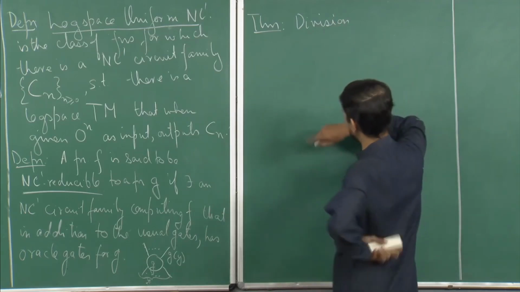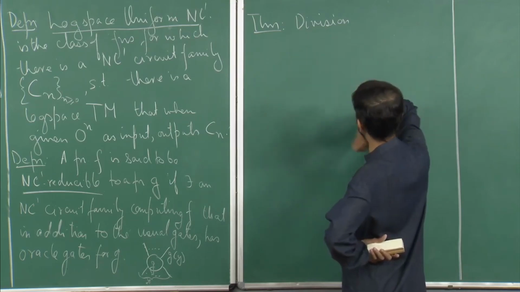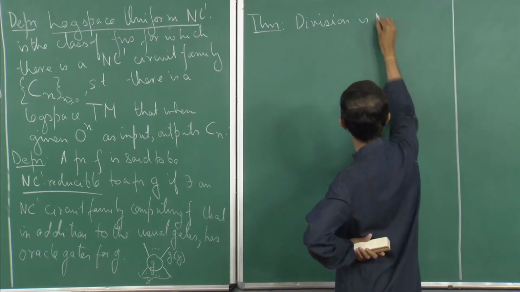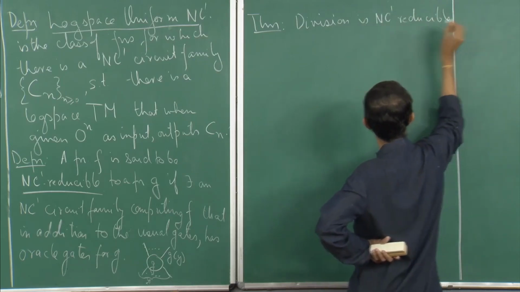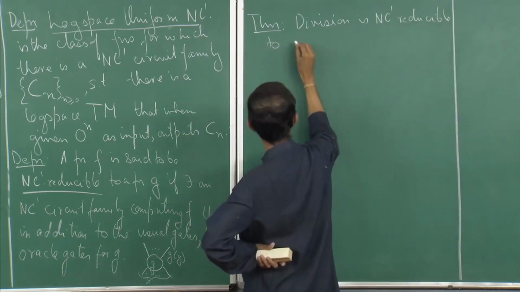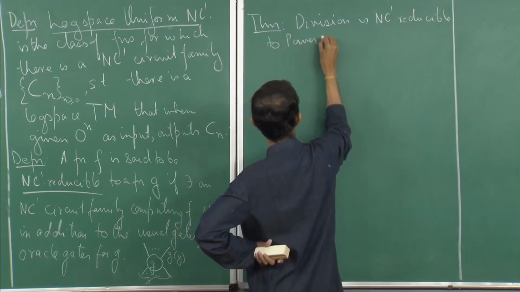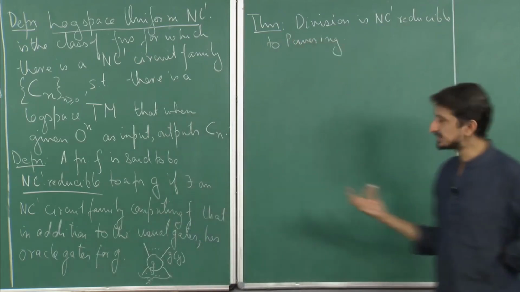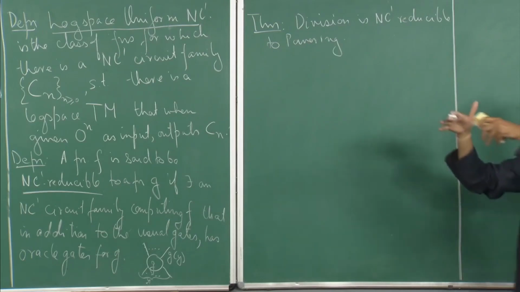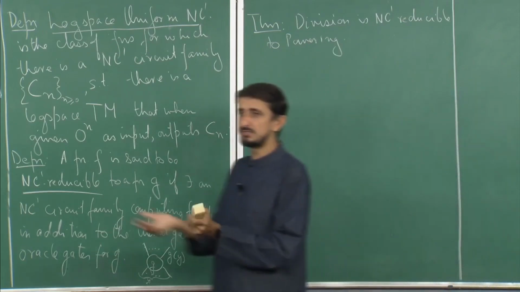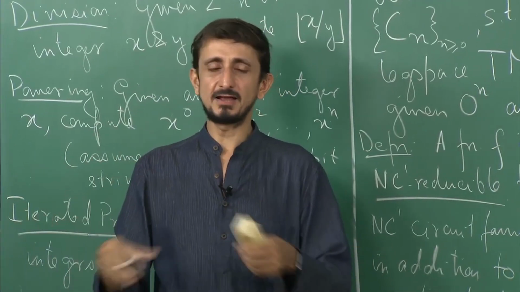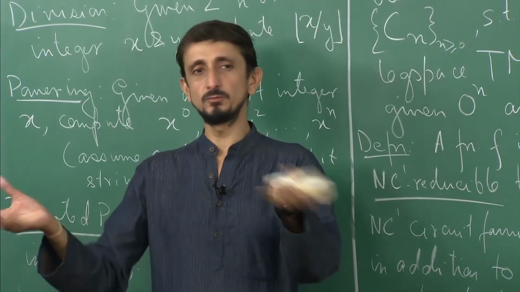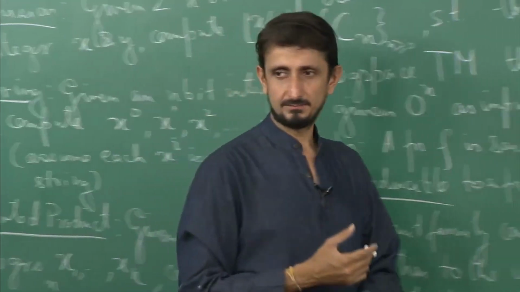Division is NC1 reducible to powering. Essentially, when we prove this theorem, we will show that there is an NC1 circuit for division which, in addition to AND and NOT gates, has some gates for powering. There are some powering questions that we will ask, and we will assume that we have those answers. That is essentially an application of this.